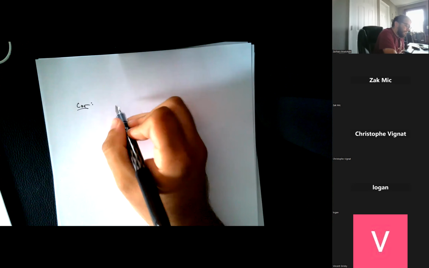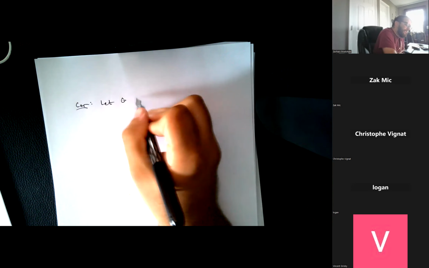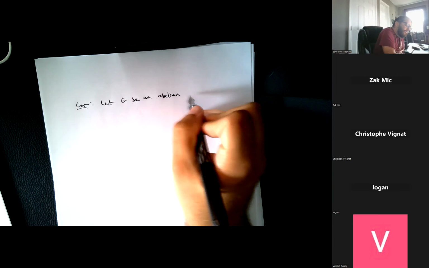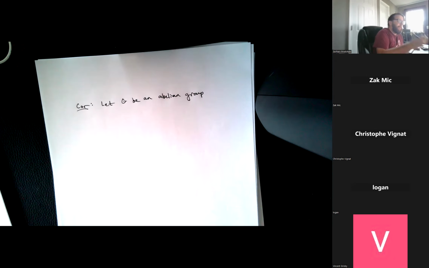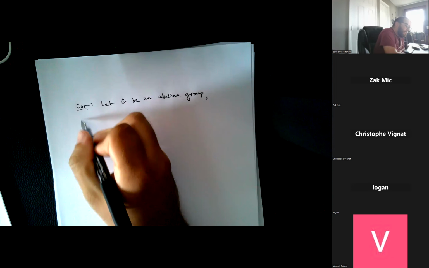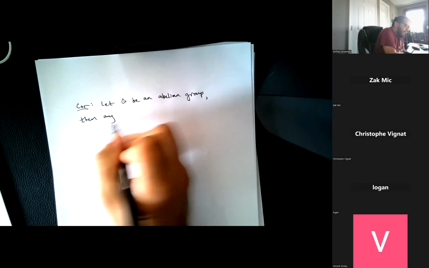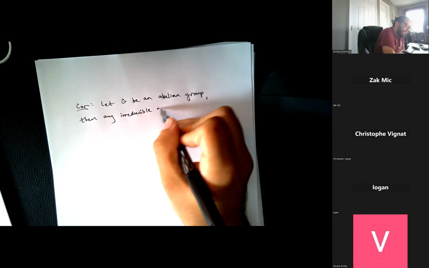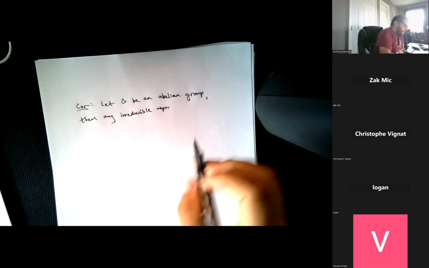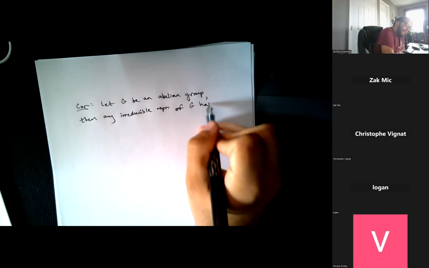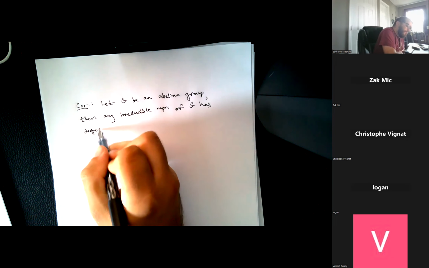So here's a corollary. Let G be an abelian group. So that is a group for which the binary operation commutes. Then any irreducible representation of G has degree 1.